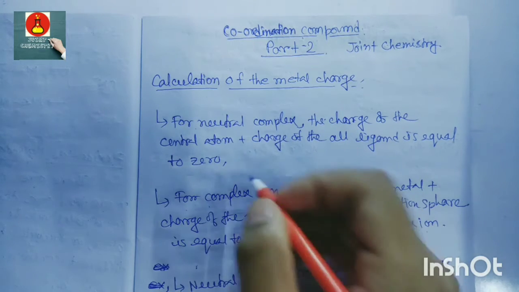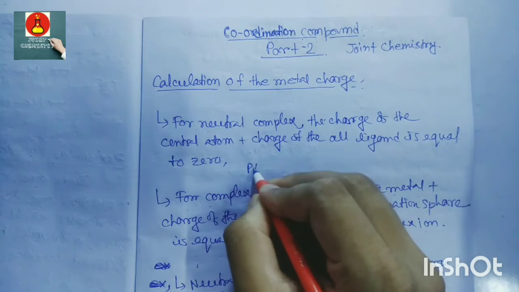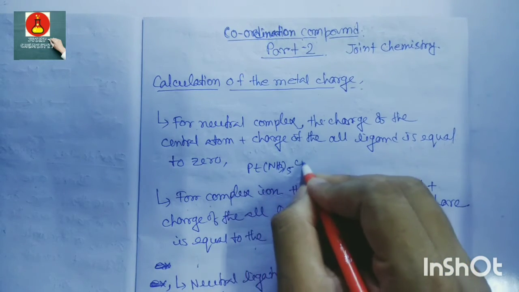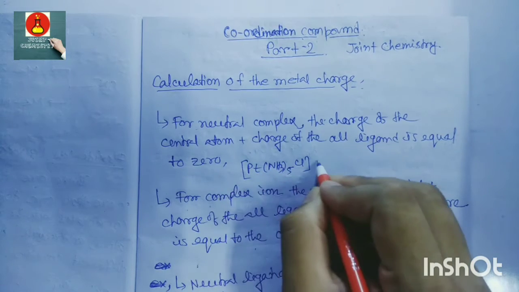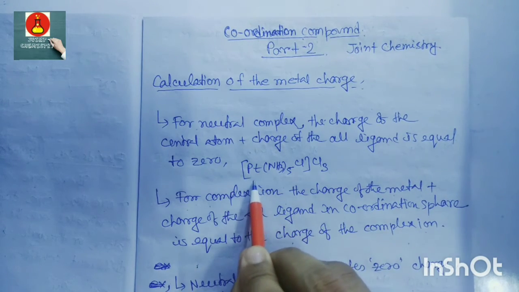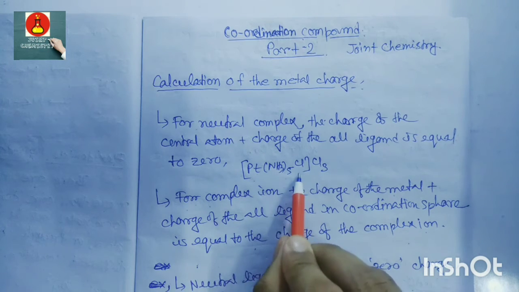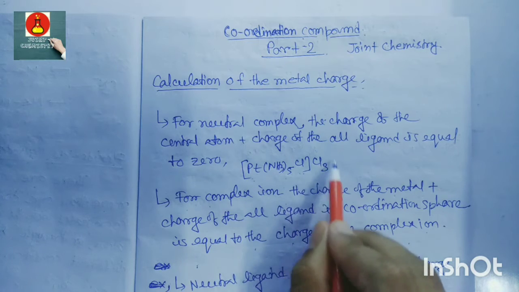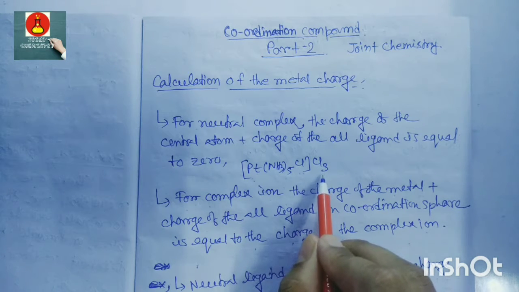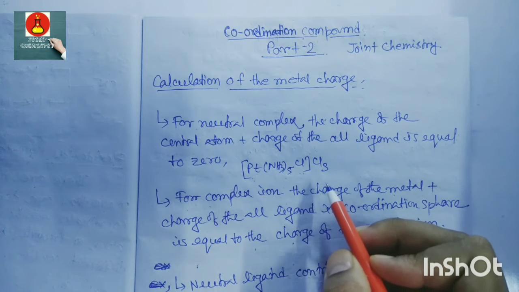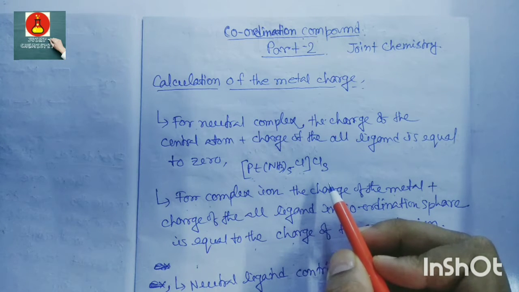For example, this. Now this is a complex, as you can see, with platinum and 5 ammonia, 1 chlorine in the coordination sphere, and outside of this coordination sphere, which is the ionization sphere, there are 3 chlorine atoms, right? What is the coordination sphere, what is the ionization sphere? I already told you in the previous video, so you should go and watch that video.